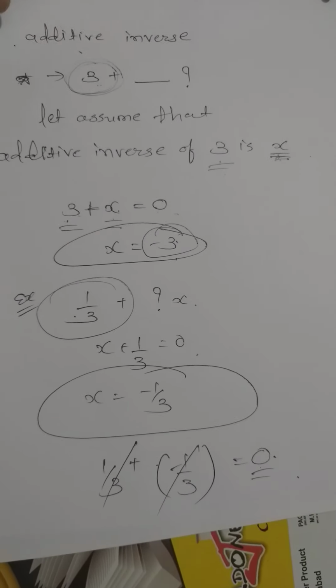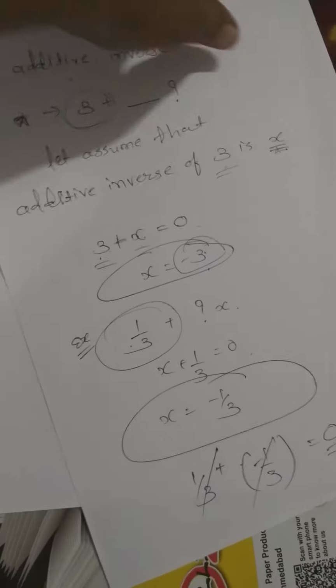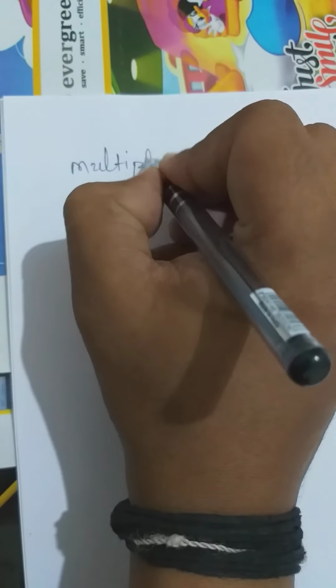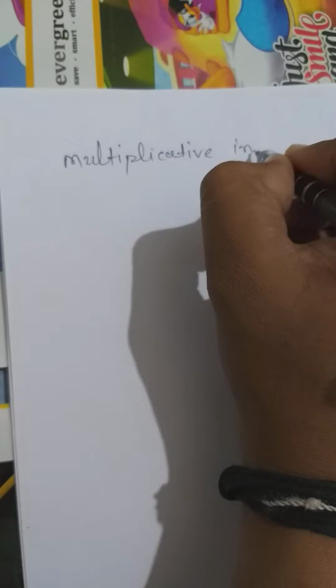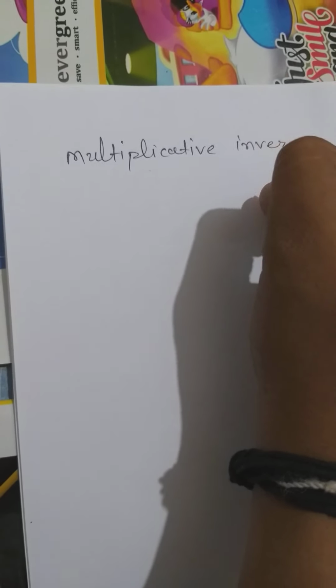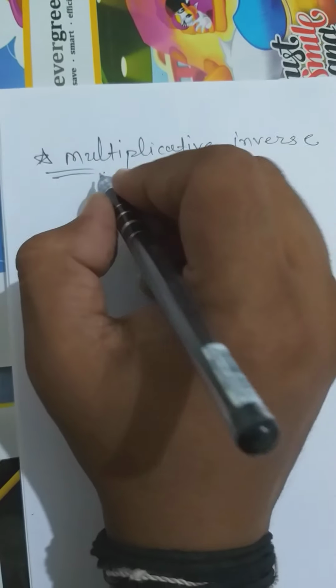Now we are saying multiplicative inverse. It is also a simple theory, multiplicative inverse and additive inverse. For example, I am finding the multiplicative inverse of 5.